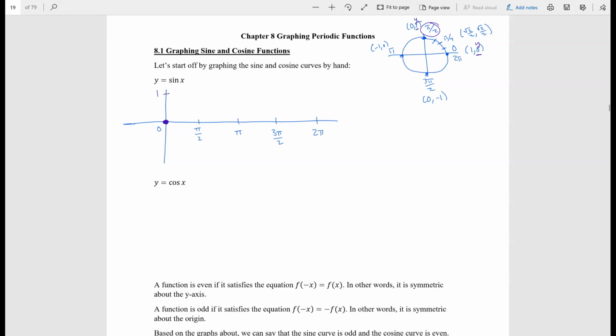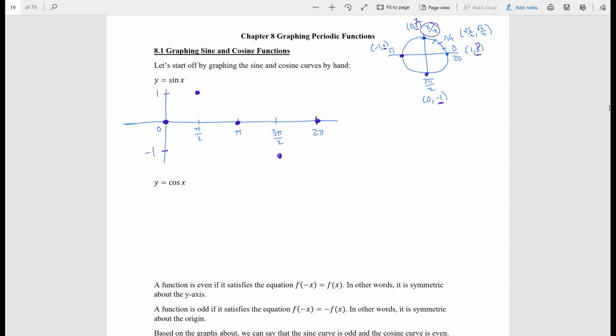So now this is going to go up to 1. Then you go to pi radians. So at pi radians, you're going to go back to 0. And then when we go to 3 pi over 2, it's going to go down to negative 1. So we're going to write negative 1 right here. And then finally, when we go to 2 pi, you're going to complete one full cycle.